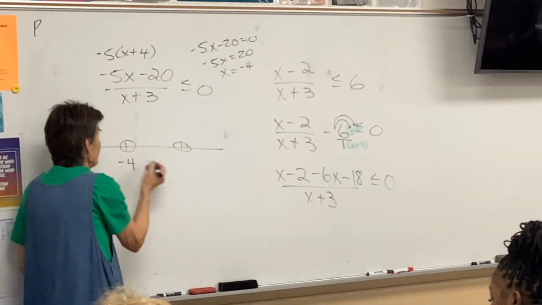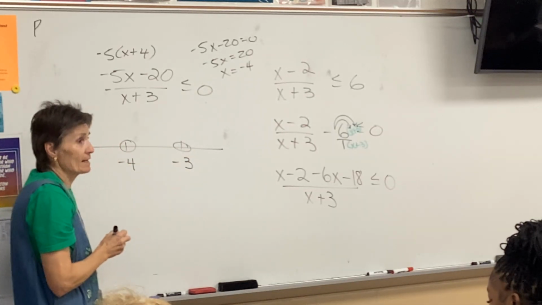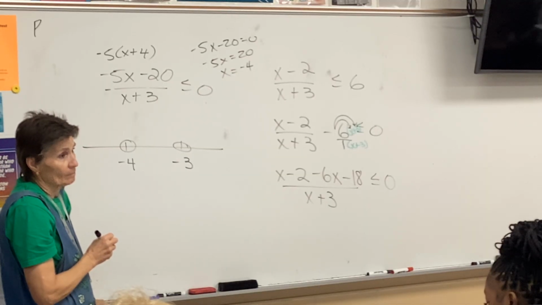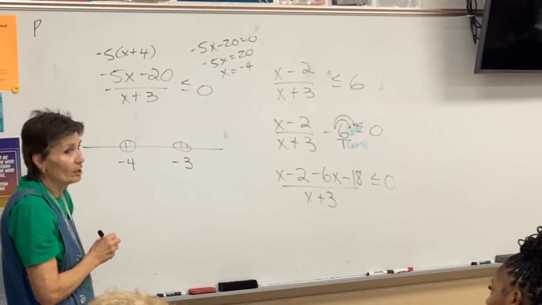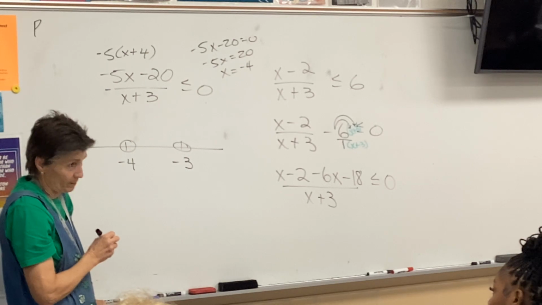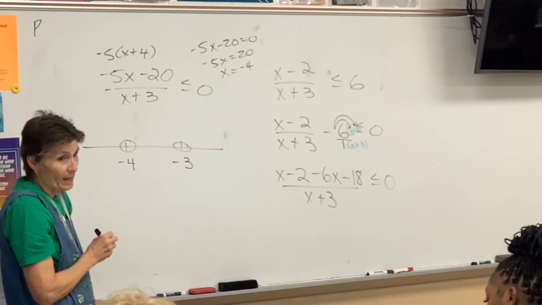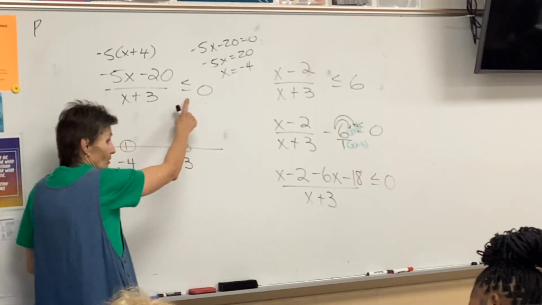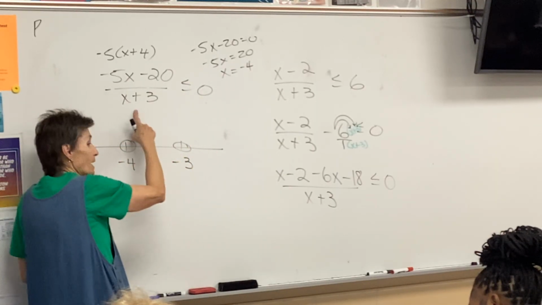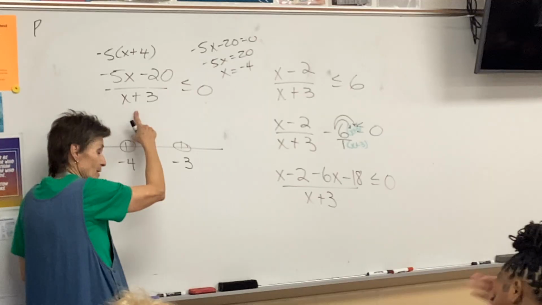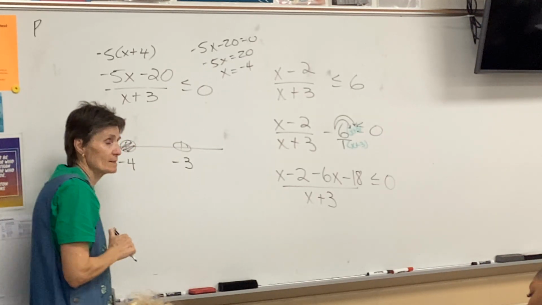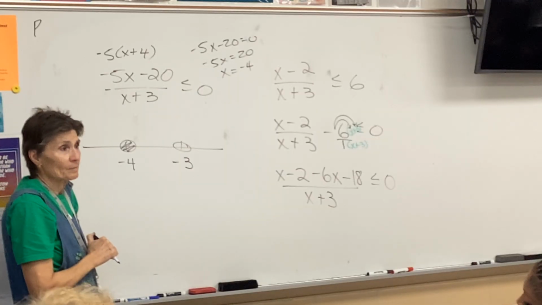So I have negative 4 and negative 3 as my dots. Am I coloring them in or leaving them open? Actually, some of both, right? Because this tells me to color, but denominators can't be colored. So the negative 3 is staying open, but the negative 4 is closing.